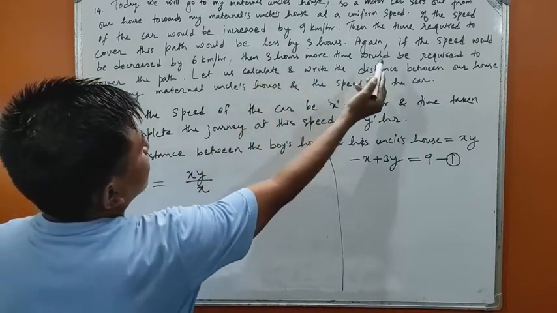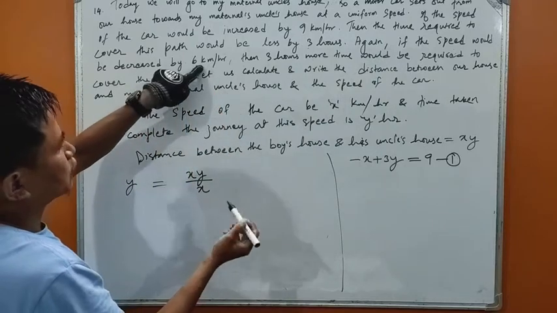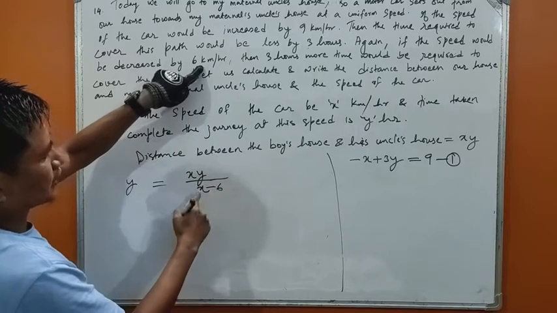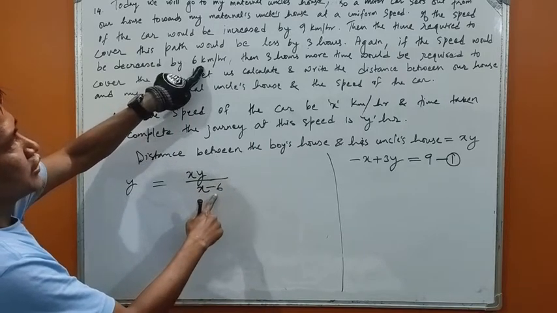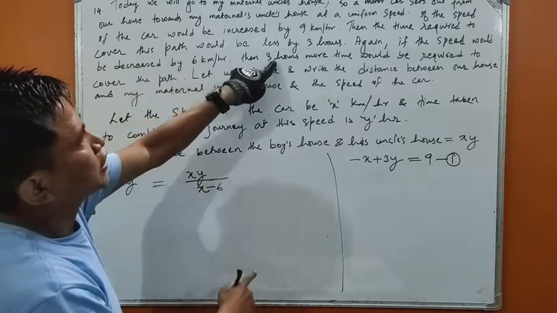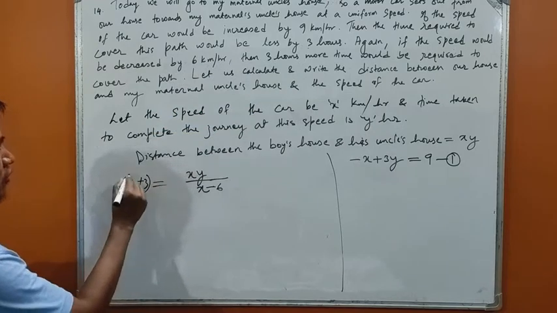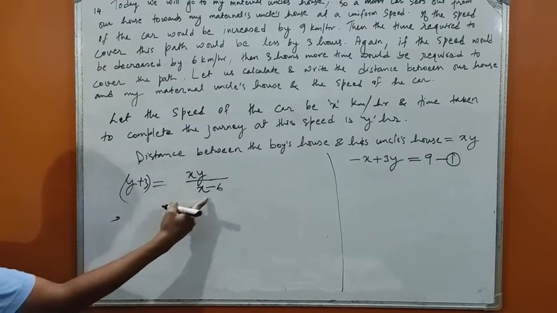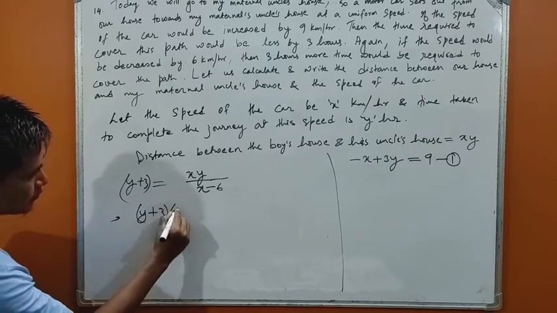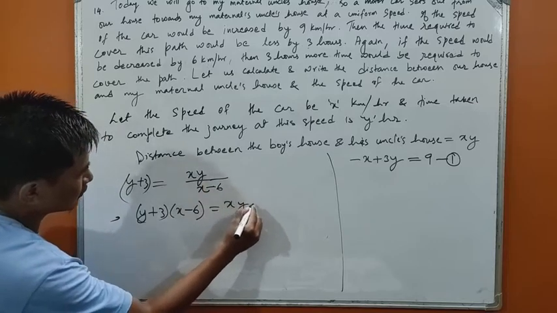So in this case, the second case is, if the speed would be decreased by 6 km per hour, originally the speed was x km per hour, now the speed would decrease by 6 km per hour, which means x minus 6, then 3 hours more time the car would take. Okay, now let us cross multiply this: (y plus 3) into (x minus 6) equals xy on the right hand side, isn't it?